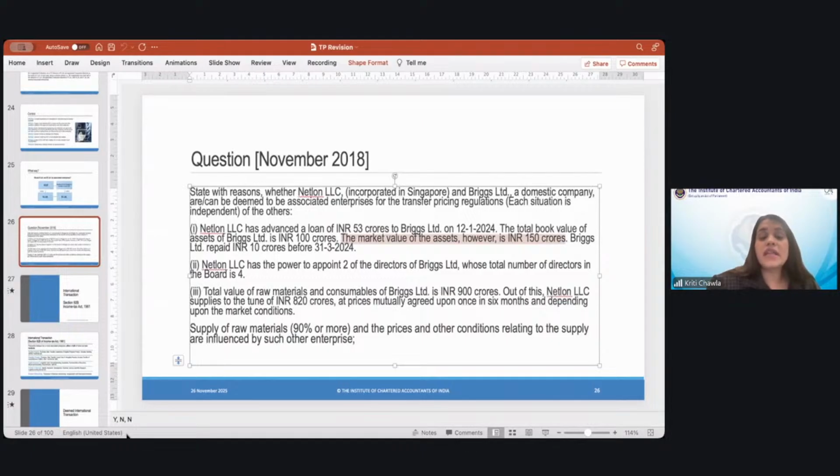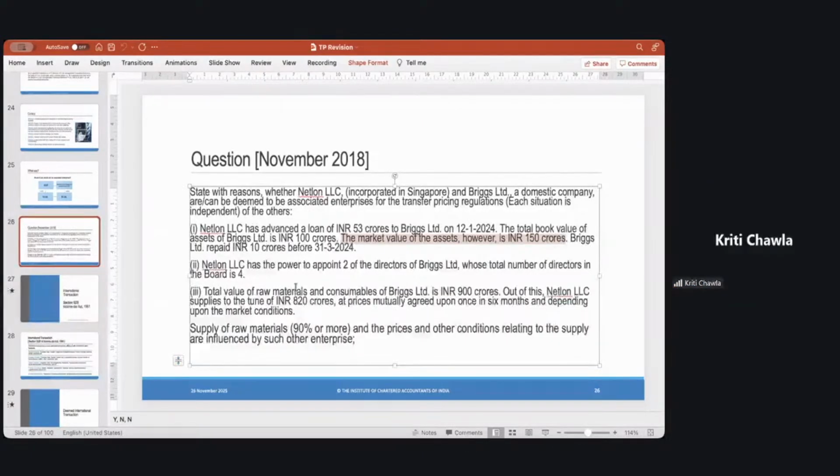Now, they repaid 10 crores before 31st March 2024, and this will also not count. Why will this not count? Well, because association is taken at any time during the previous year. So it's actually at any time. Whether it was this amount of 53 crores, and if 10 crores was repaid, it does not really matter because through the year it was 53 crores.